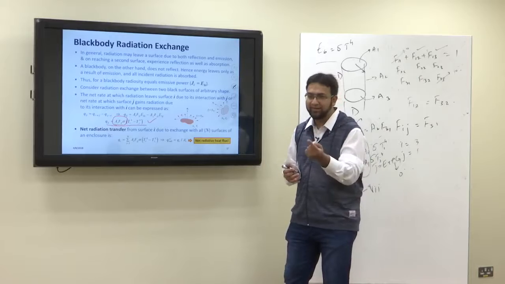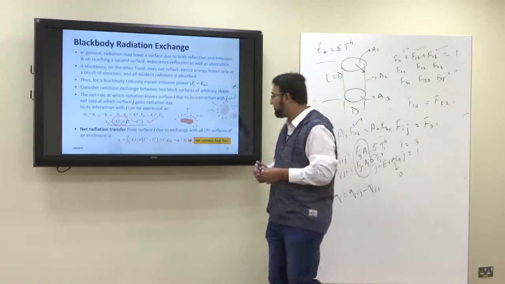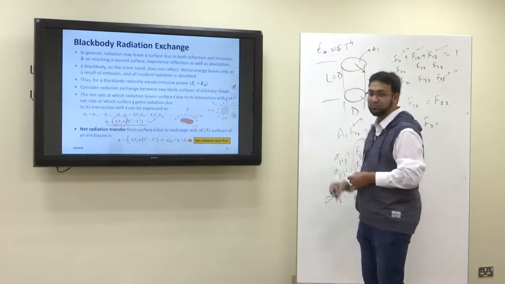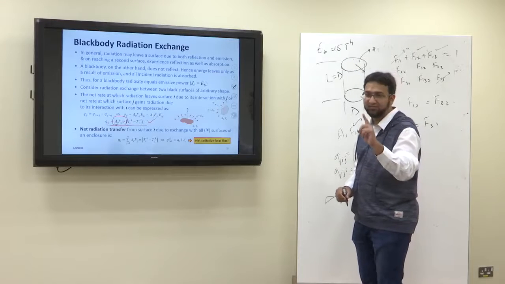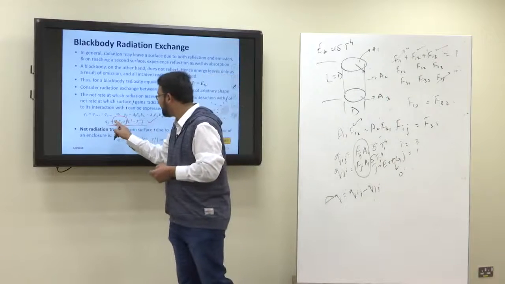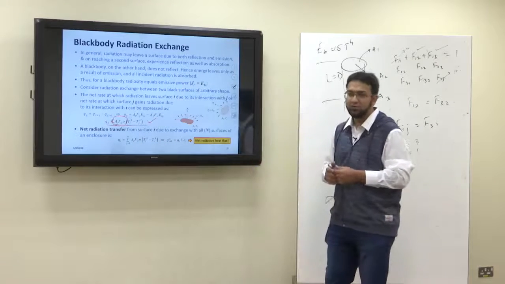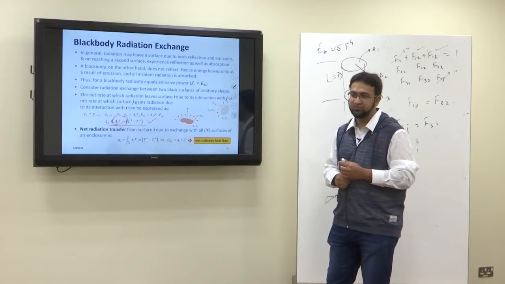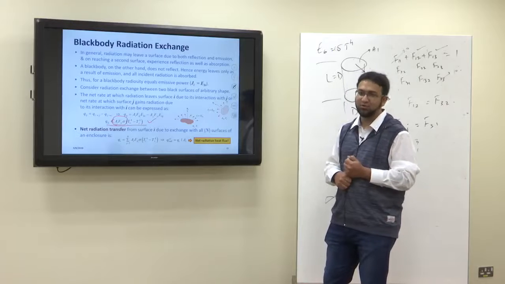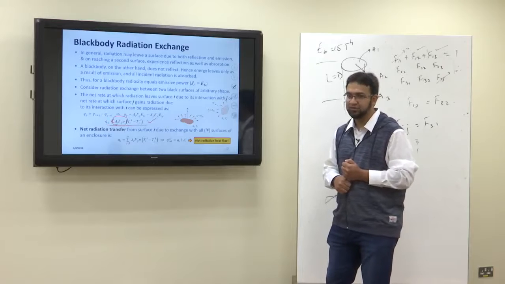If the bodies are not black, black body is an ideal body, there will be some emissivity, so you have to introduce epsilon here. And you will have a formula with emissivity. If you remember, now we are almost returning to the formula we had in chapter number 1: Q is equal to epsilon sigma area Ti power 4 minus Tj power 4. There was no view factor at that time.